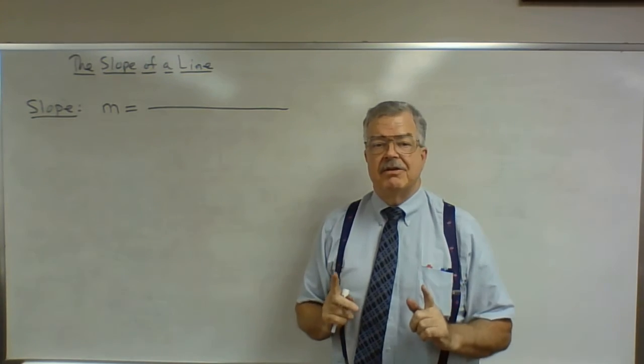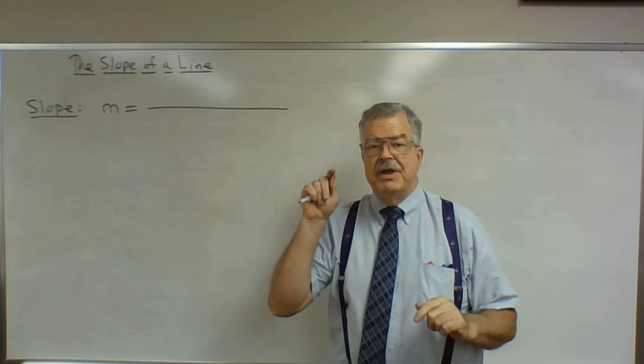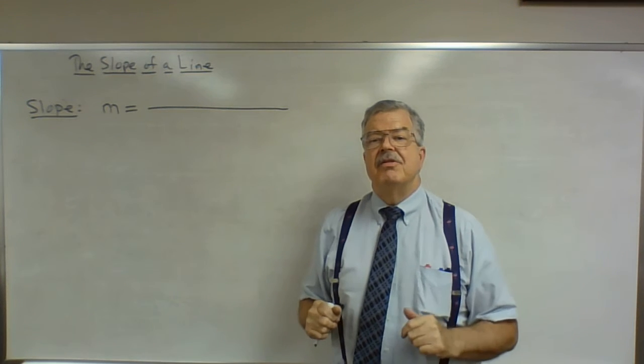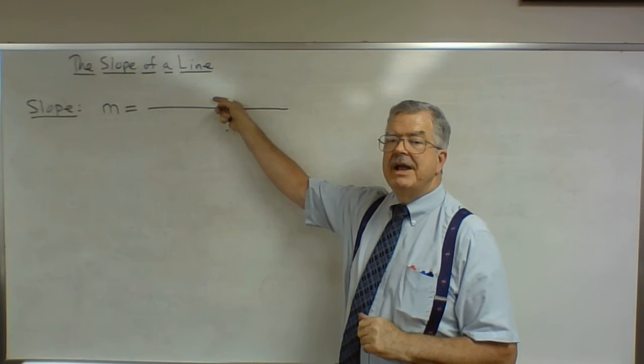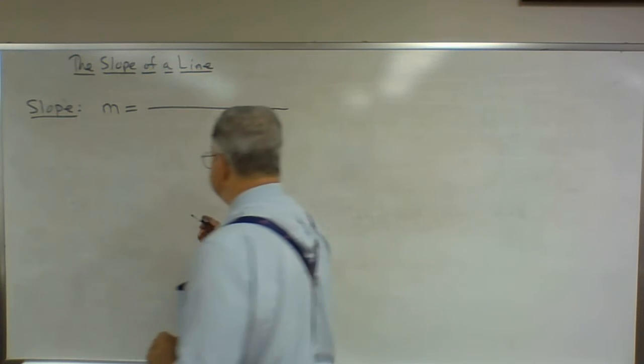So if we pick two distinct points on the line and we go from one point to the other point, the slope measures the change in the y coordinate divided by the change in the x coordinate.